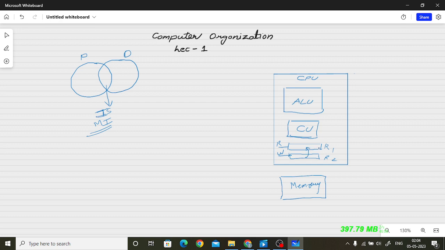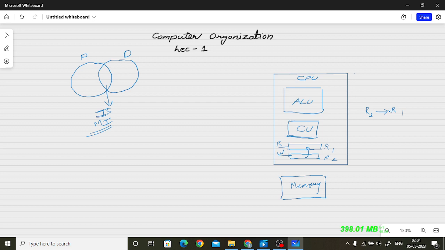So the data will move from register R2 to R1 as the control unit gives these read and write signals to the registers.